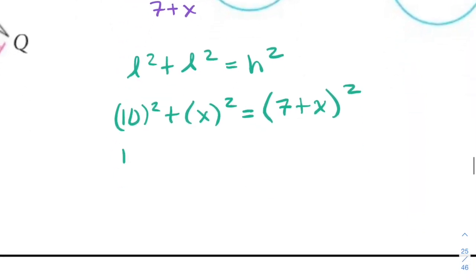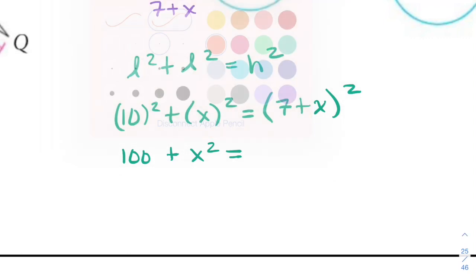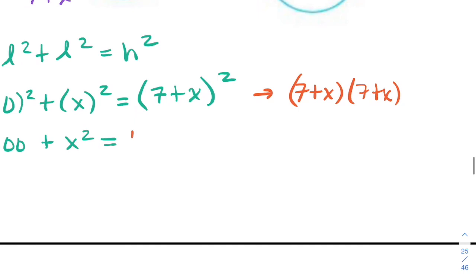So we're going to do 100 plus x squared equals, you have to use your distributive property here. So you're going to get 49 plus 7x plus 7x plus x squared.